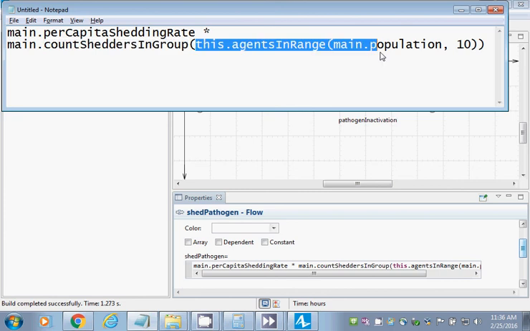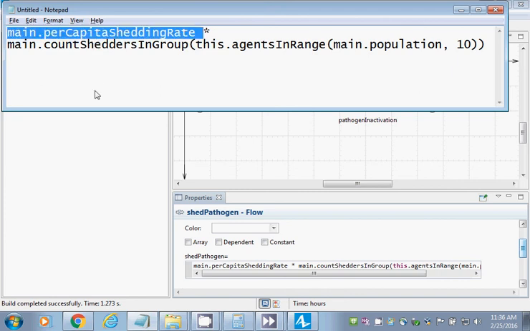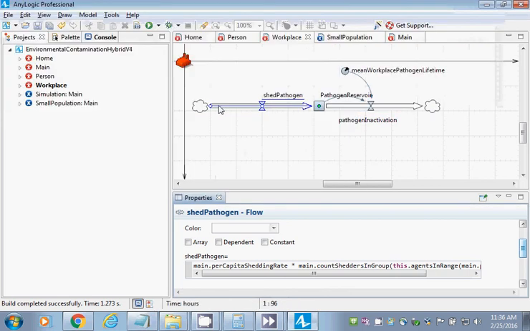Are we okay with that? Do you want me to put this up here a bit longer? This 10 is a distance, and we should probably turn it into a parameter, but right now it's a distance. Can I run this? Let's run this.